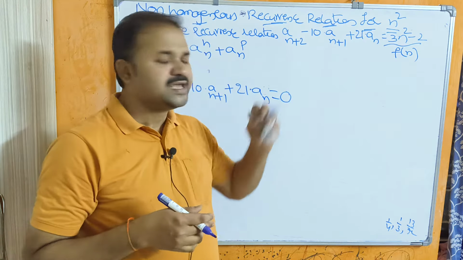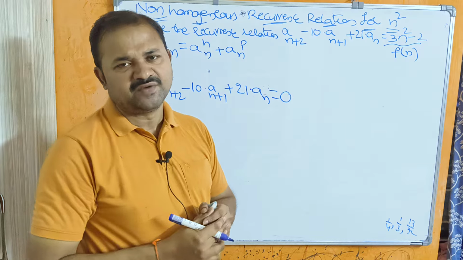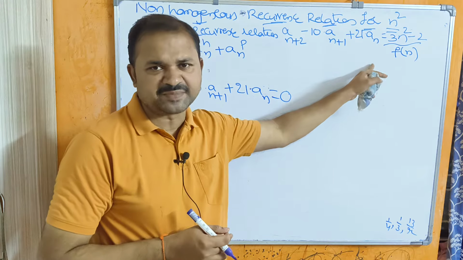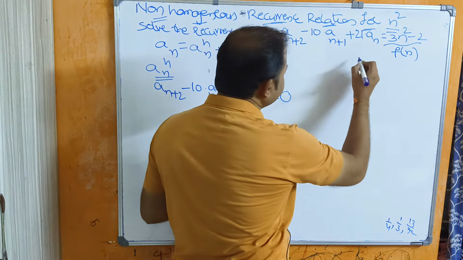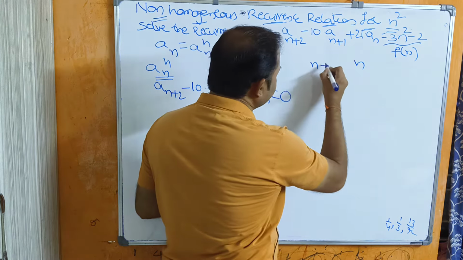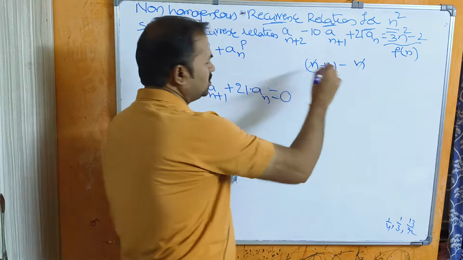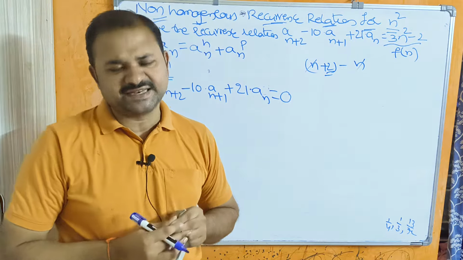In order to know the recurrence relation type, we have to subtract the minimum subscript from the maximum subscript. Here the minimum subscript is n, the maximum subscript is n plus 2. So n plus 2 minus n means 2. So we can say that this is a second order recurrence relation.